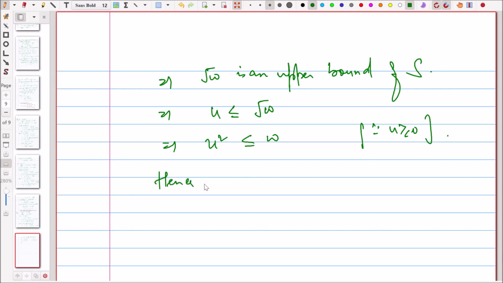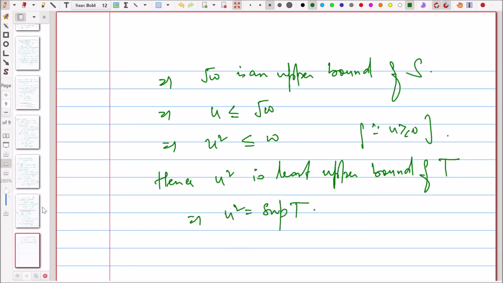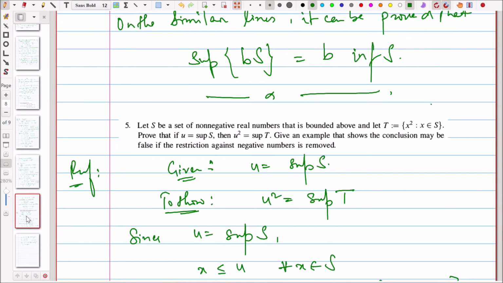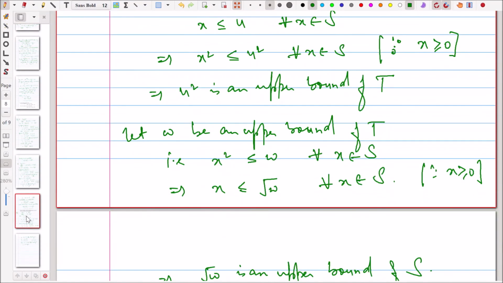Hence, U square is the least upper bound of T. This implies U square is equal to supremum of T. So we have proved that if U is a supremum of S, then U square is a supremum of T.